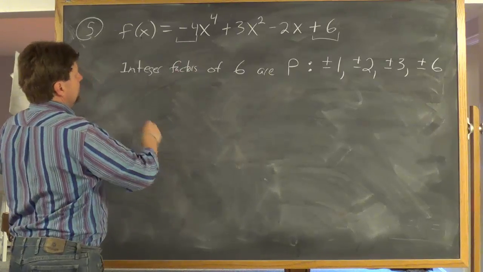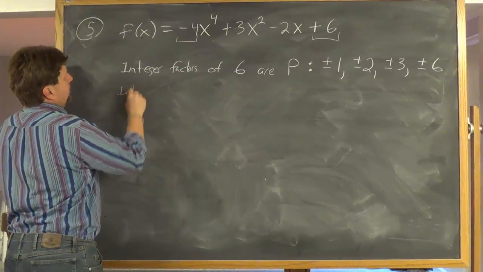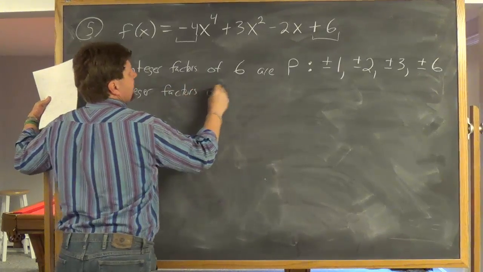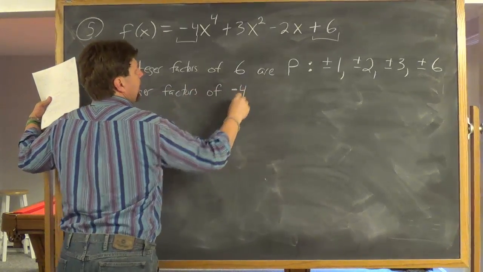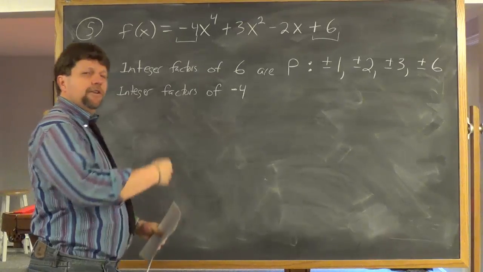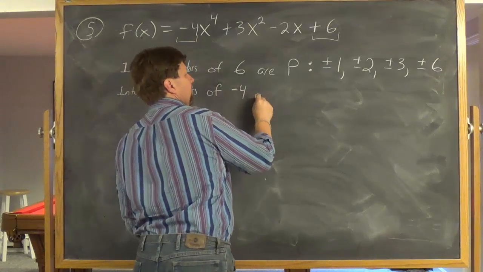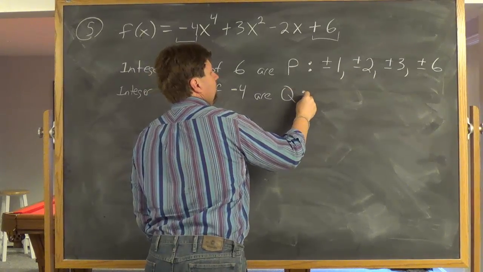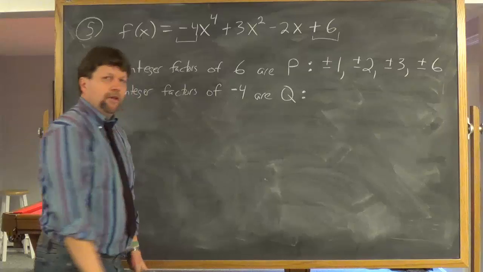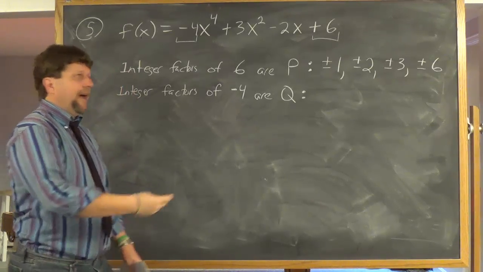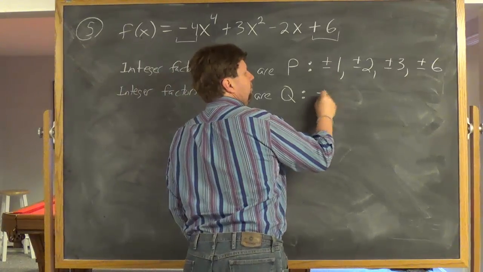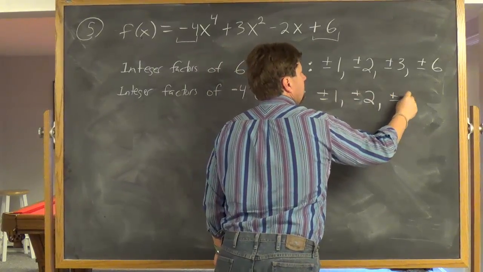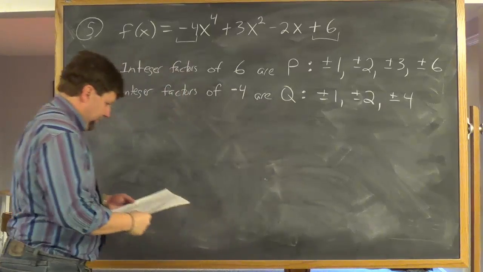Now let's get the integer factors of our leading coefficient, negative 4. The integer factors of the leading coefficient, they comprise what we call the variable q. So the factors of negative 4: plus or minus 1, plus or minus 2, and plus or minus 4.